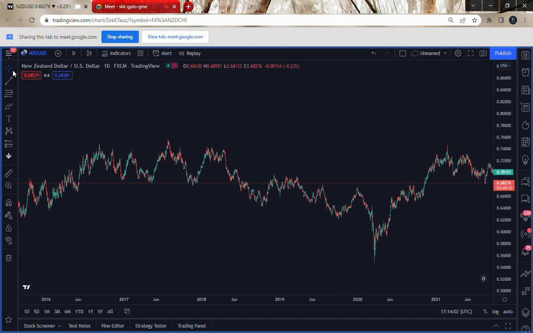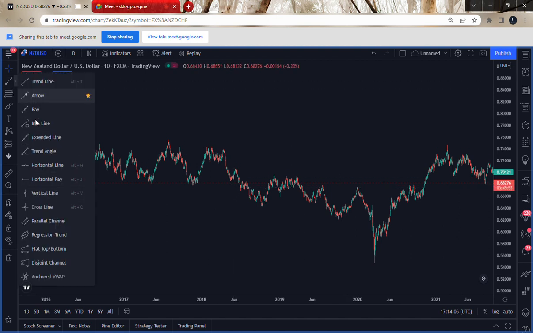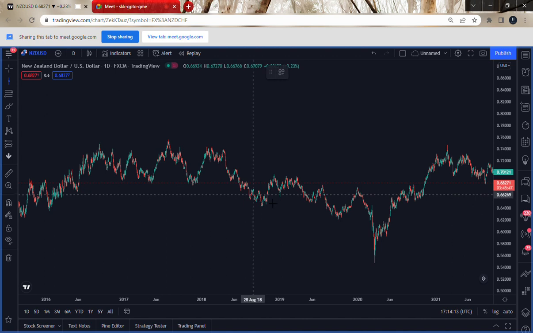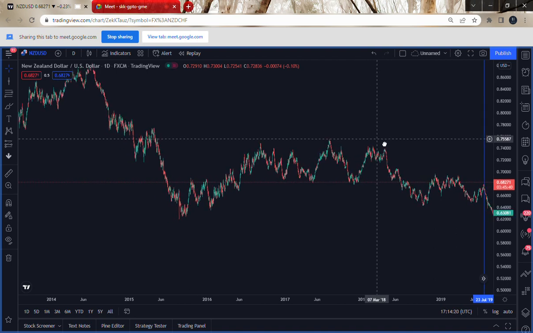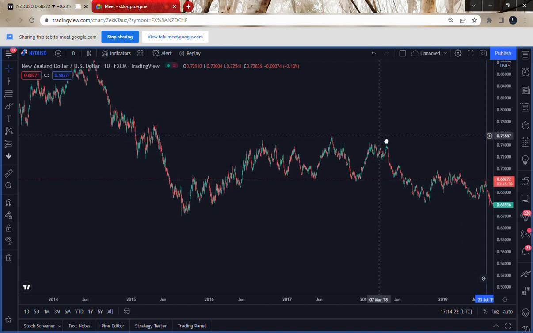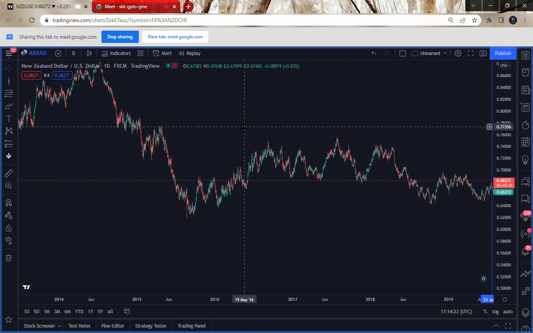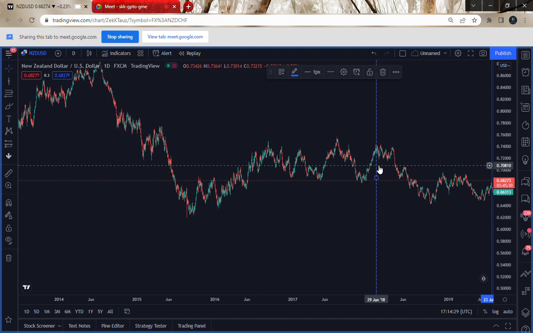So now if I can just remove that, and then, where's my vertical? There we go. Yes, so this will be our cutoff point, like so.